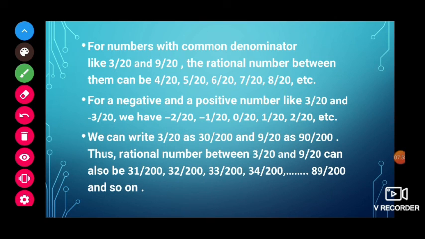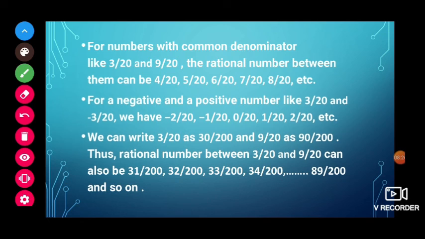For 3 by 20 and 9 by 20, we only get 5 numbers. But with the equivalent fractions 30 by 200 and 90 by 200, the difference between the numerators 30 and 90 is more, children. However many rational numbers you want, that many we can insert this way.